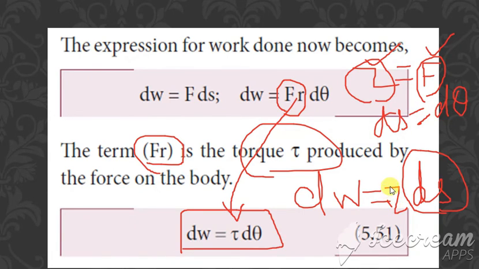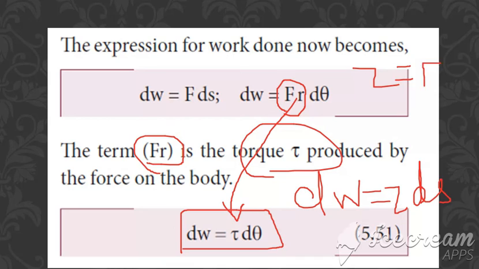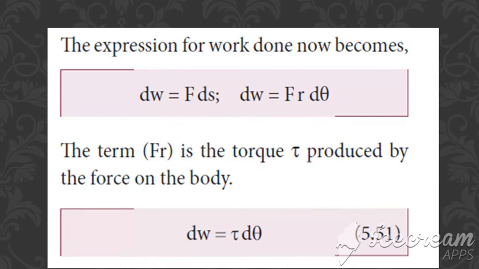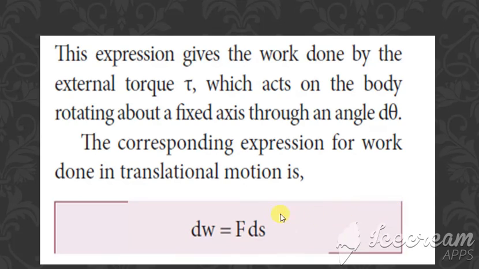So instead of F in the first equation F into ds, here we have tau, and instead of ds we have d theta. So the work done is more or less the same. It is the same as the first equation, so work done is always the same. Okay? So this is corresponding to the expression dW is equal to F into ds. Clear with this?